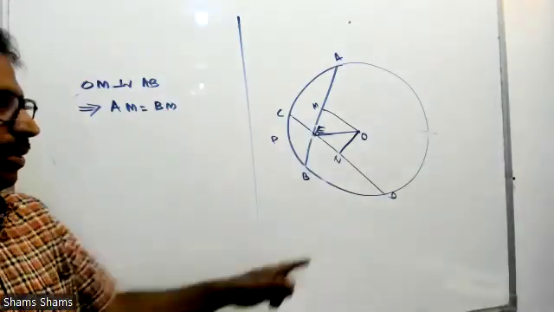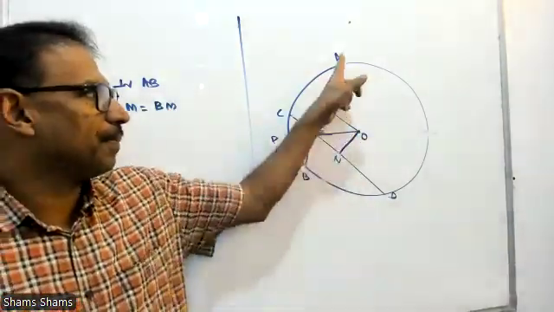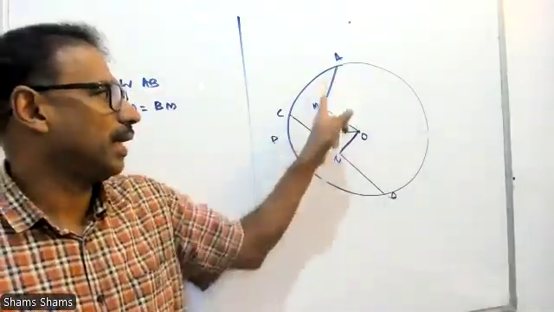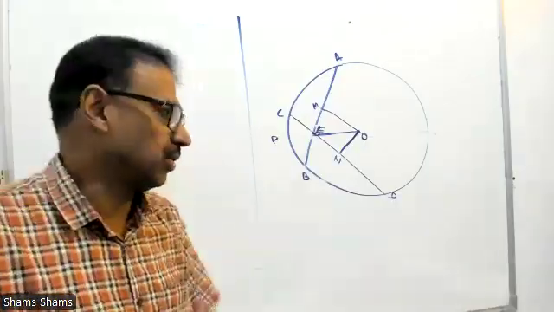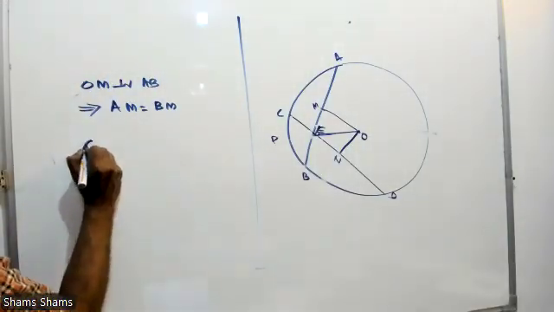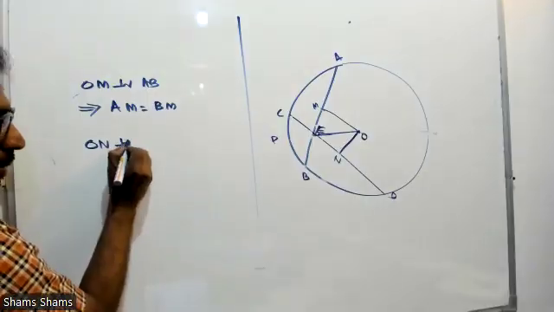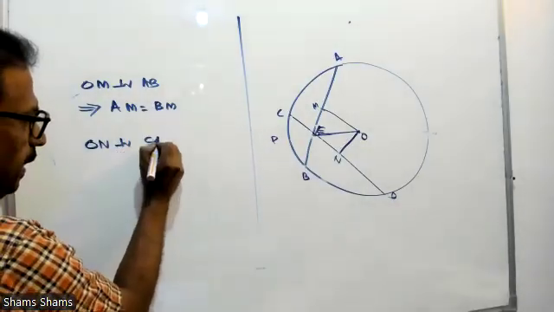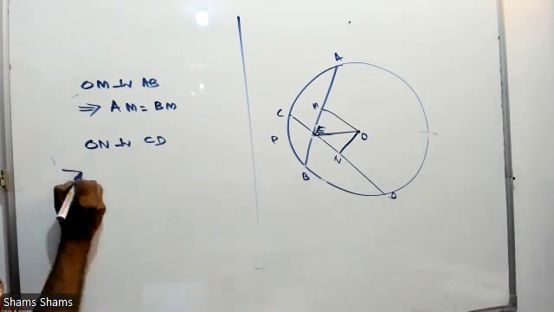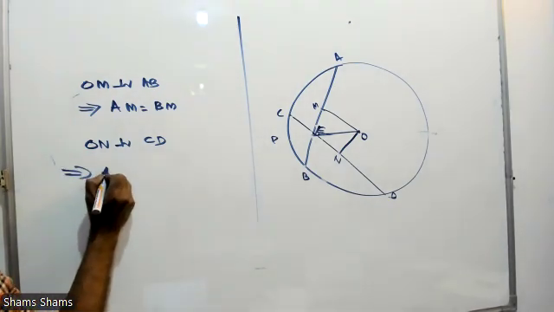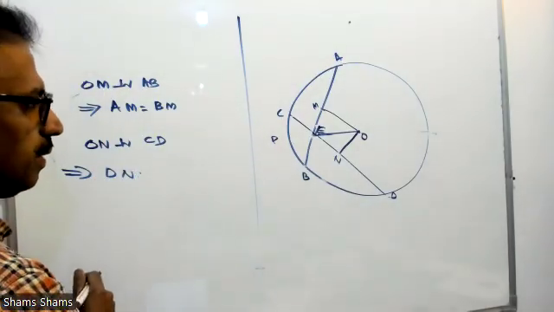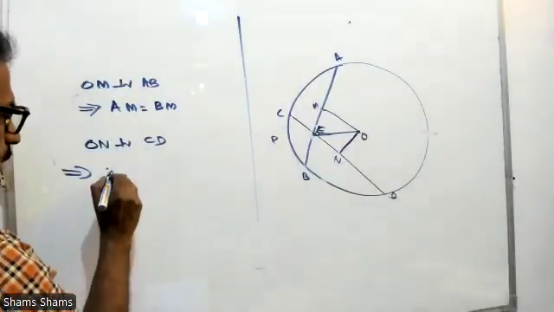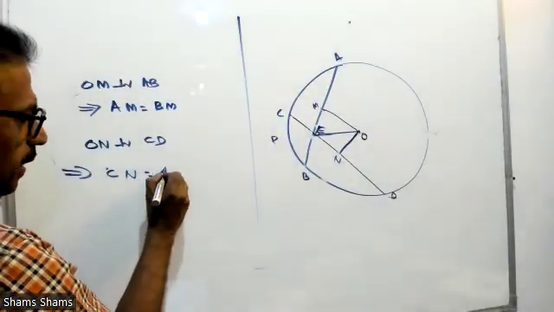Why? Listen. OM perpendicular to AB means AM equal to BM. The reason: perpendicular from the center bisects the chord. Similarly, ON perpendicular to CD means CN equal to ND.